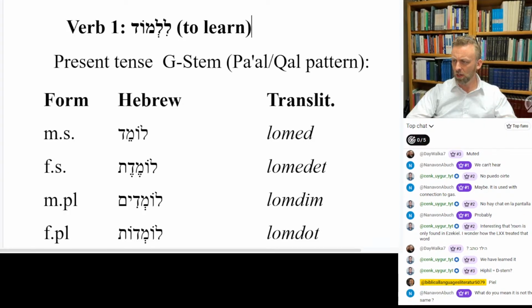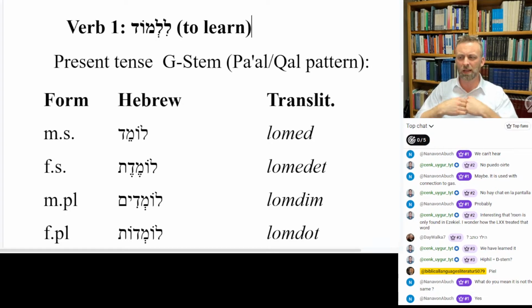And before I go, what do you mean it is not the same? Sorry, I'm not sure what comment you're referring to, Nana. I was talking about the pronunciation of lilamed. Okay, so in biblical times, Hebrew speakers would have hung out on that mem. So lilamed. I'm exaggerating it a bit. Lilamed. Okay, but in modern Hebrew, it is simplified.